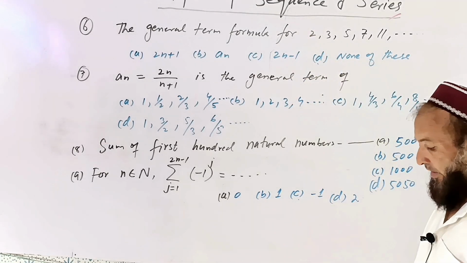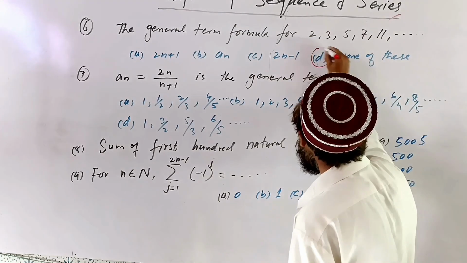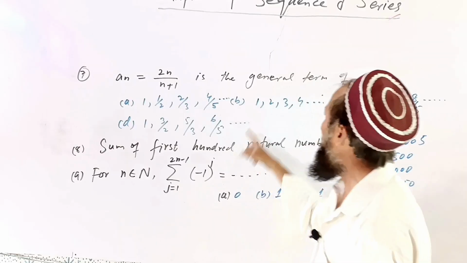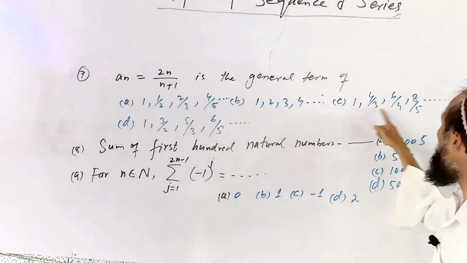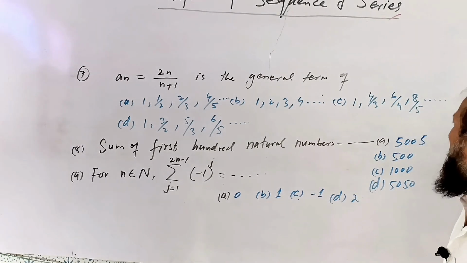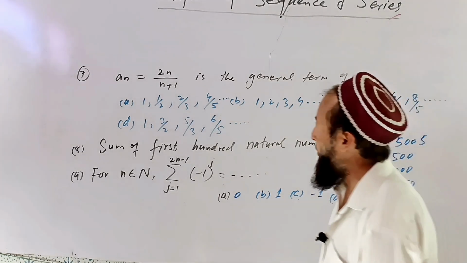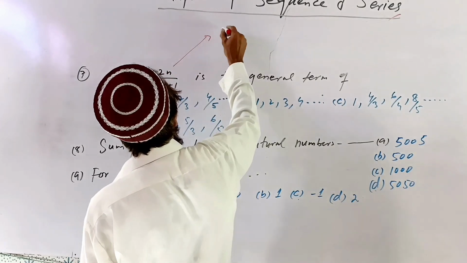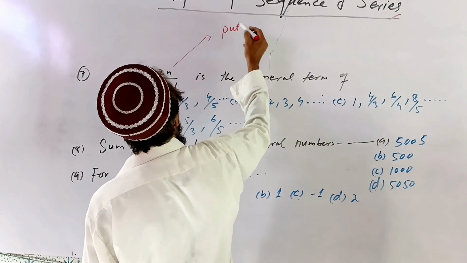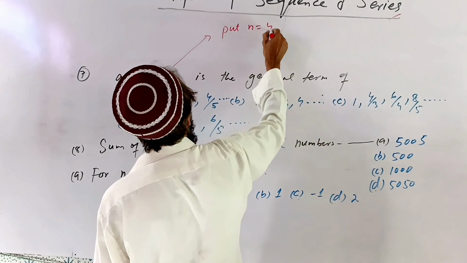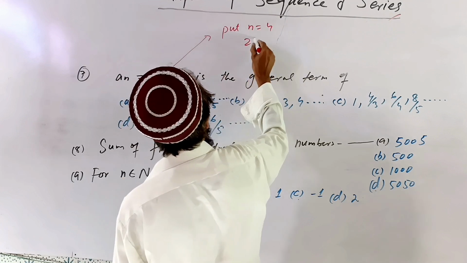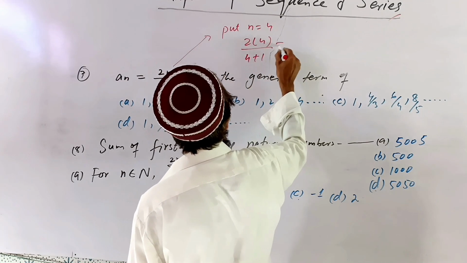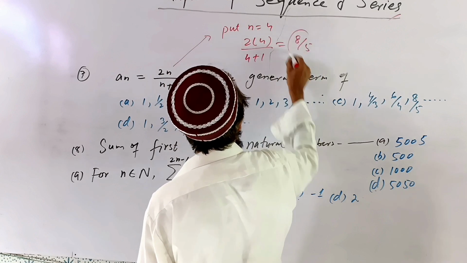So it means that here the correct option. Using options 1, 2, 3 and 4, directly if we put n equal to 4 in this option, using this trick, what is the result? 2 into 4, and 4 plus 1, so we will get 8 over 5.